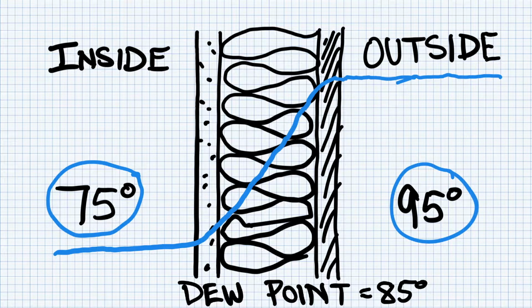Now, somewhere in the middle of this wall is 85 degrees. Now, if the dew point is 85 degrees, then that means right here, that water vapor is condensing. As that water vapor is condensing, that means you have liquid water inside the wall, creating mold.